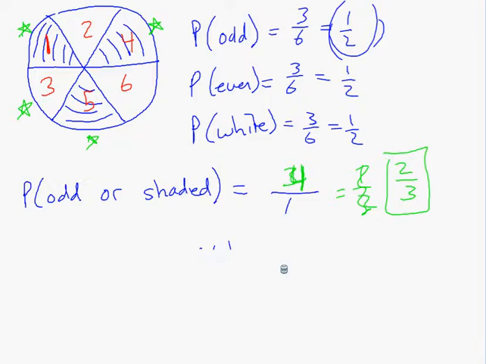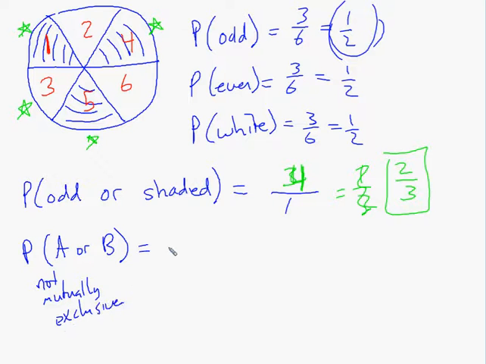We need a new formula. So here's our new formula. No overlap. What does that mean? As in, the two events aren't... I'll explain in a moment. Here's our new formula. If we have probability of A or B, and these are not mutually exclusive, meaning there is overlap, we need to subtract out repeats.